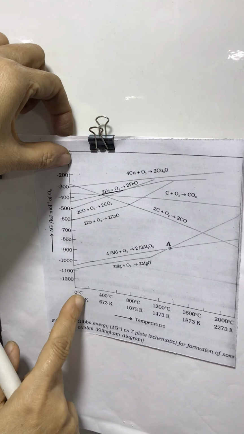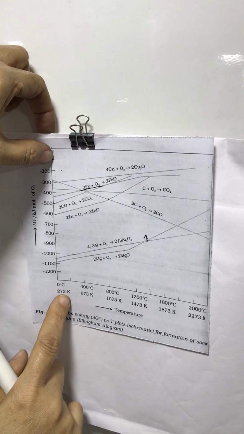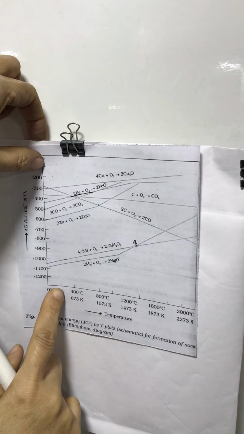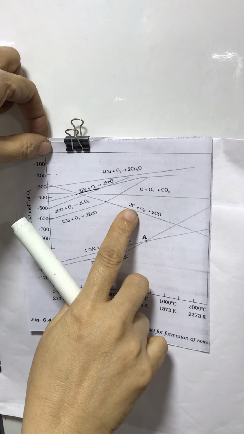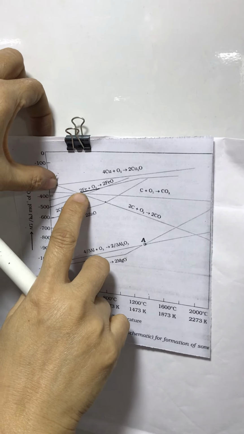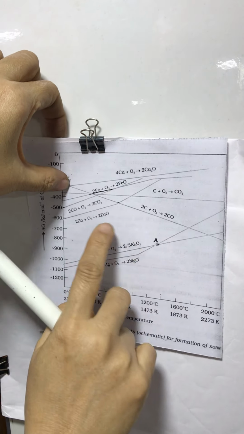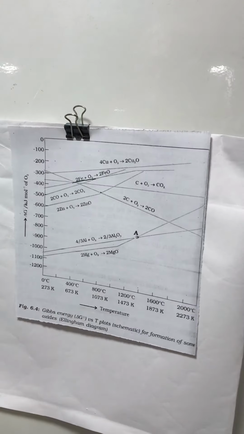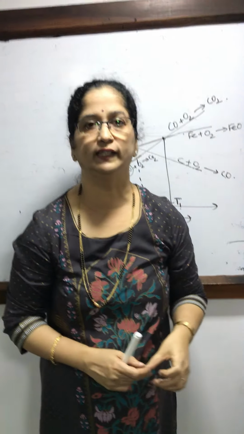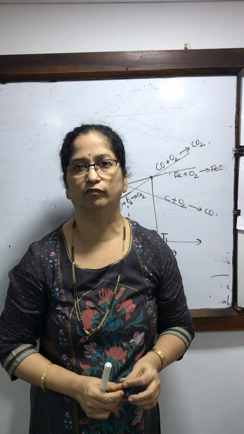So somewhere around 300 Kelvin, you can extract copper from its ore by using carbon, because here this graph is coming lower down, this is on top. So carbon becomes a reducing agent for copper oxide. It can be used for extraction. So this is how the Ellingham diagram can be used to find a reducing agent and the temperature of extraction of the metal from its ore.